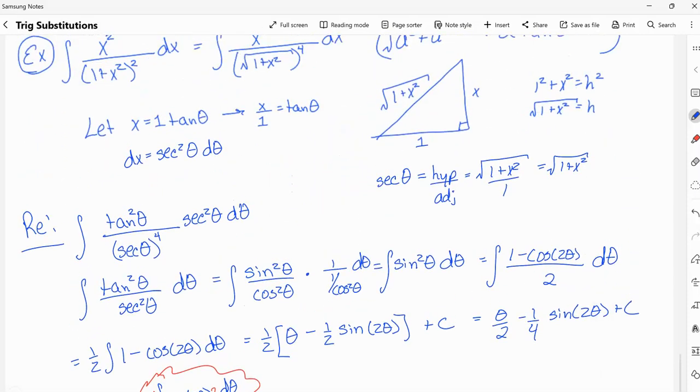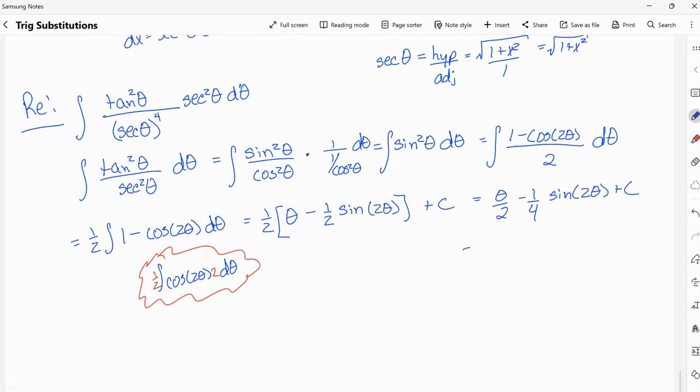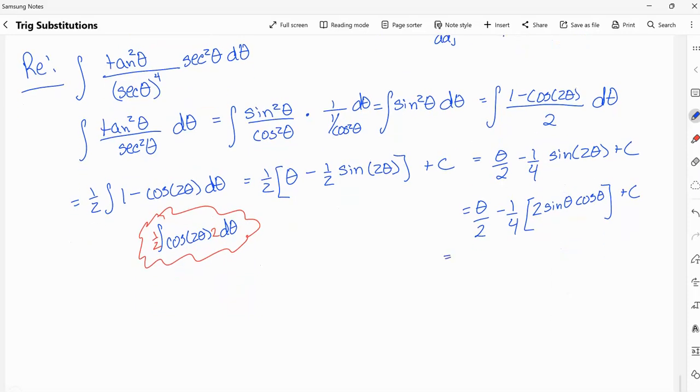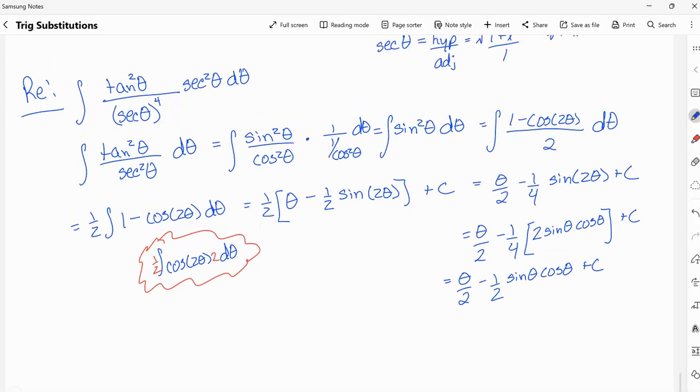But our triangle is written in terms of theta, not 2 theta. So we're going to use that double angle formula. Sine of 2 theta is equal to 2 sine theta cosine theta plus c. So I'm going to have theta over 2 minus 1/2 sine of theta cosine of theta plus c. And then all my pieces are going to come from what I have above.